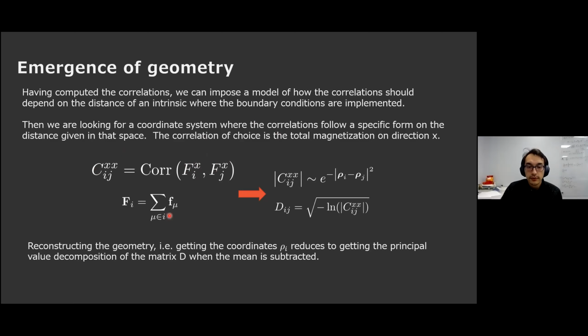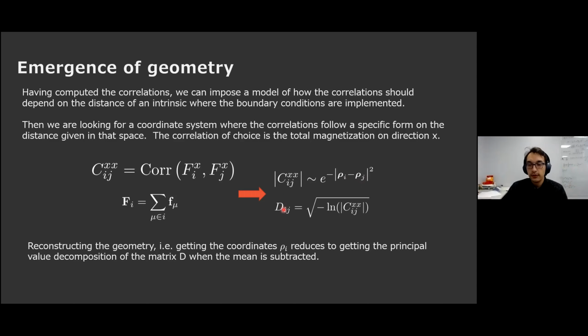Another type of correlations that we will be interested in are these aligned spin correlations, where you basically measure the total spin in each one of these sites. So each one of these sites is composed of a lot of atoms, and then you take the macroscopic magnetization in each site, and then you compute the correlation in a specific axis. Here they chose the x-axis, and the way that this interesting geometry arises is by assuming that these correlations will behave as a Gaussian with some coordinates in a hidden coordinate space that we will extract.